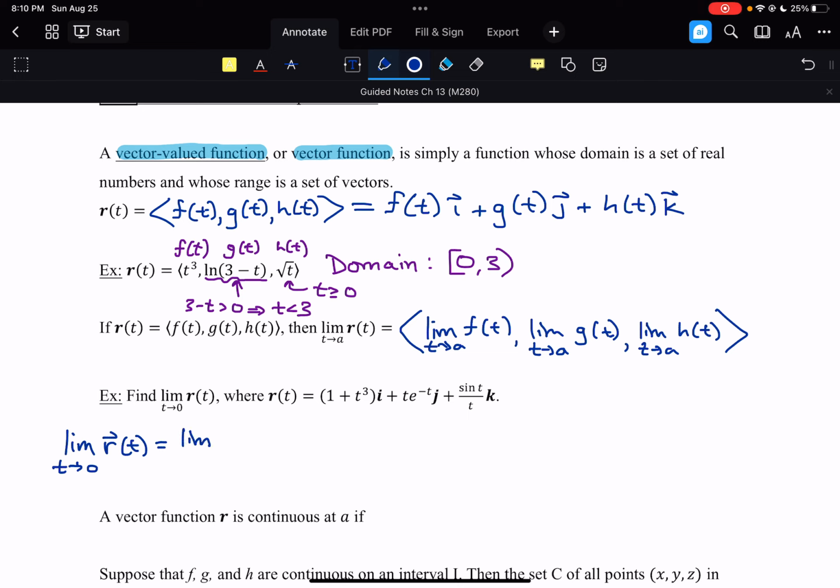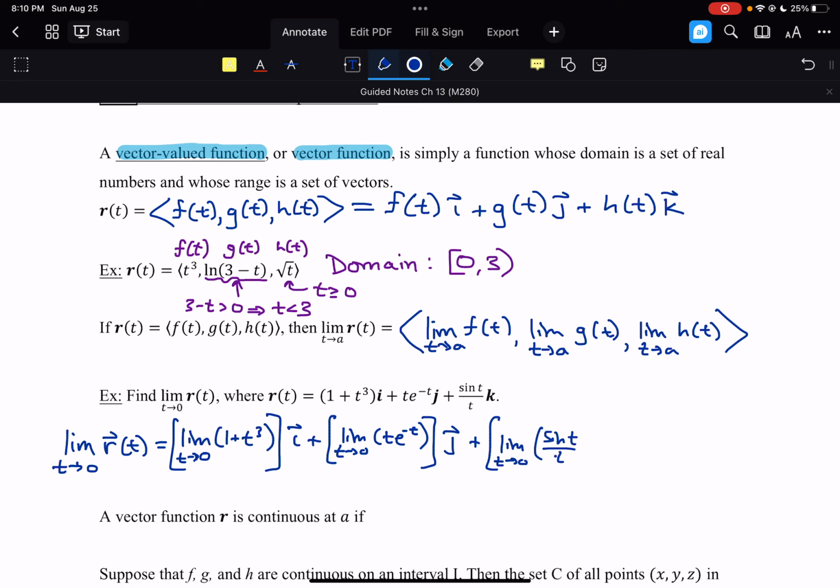That is limit as t approaches 0 of 1 plus t cubed, and that's i, plus limit as t approaches 0 of t e to the negative t, j, plus limit as t approaches 0 of sine of t over t. Okay.